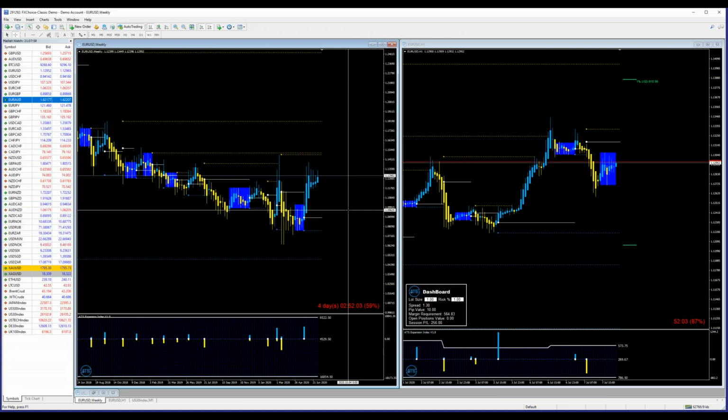Then you look for confirming clues on the lower time frame to confirm that idea. When the clues on the lower time frame match the consensus on the higher time frame, now you're starting to see that things are falling in line.